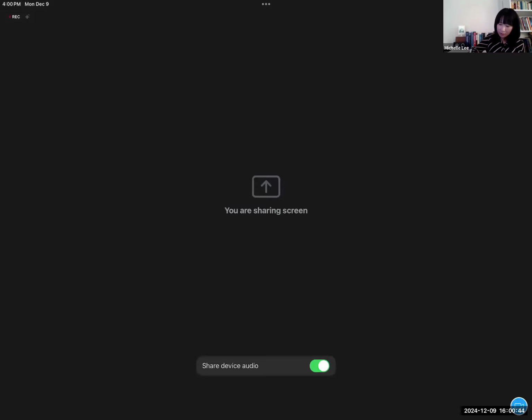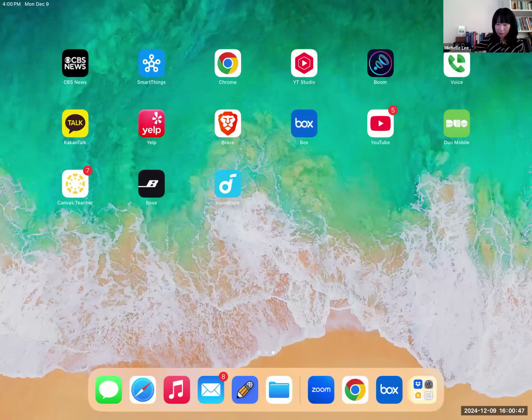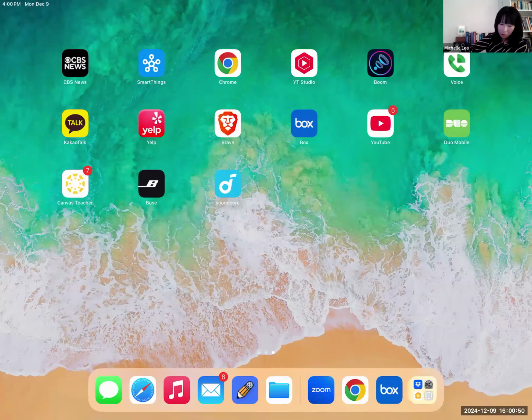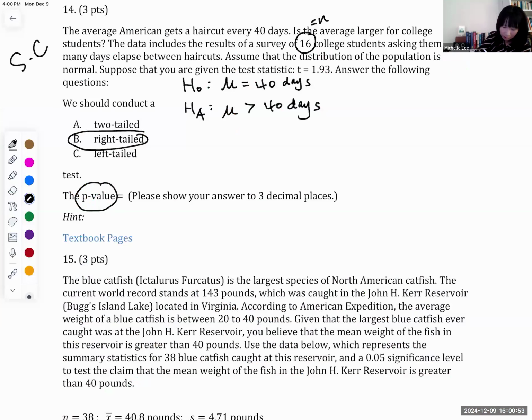Okay, so StatCrunch, 0.036, using the degrees of freedom.